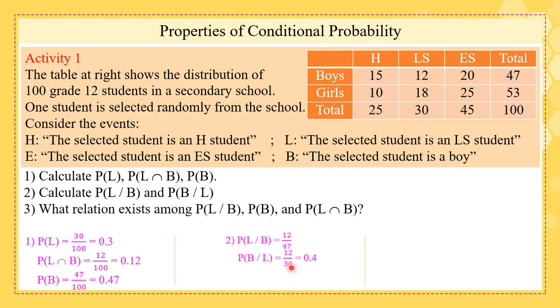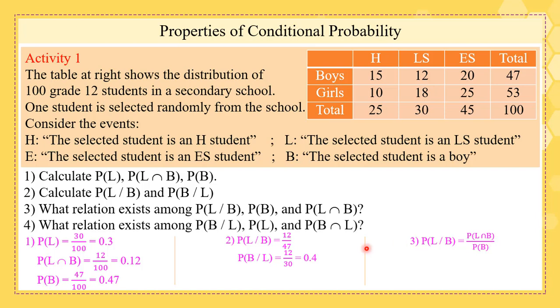Let's continue. Now, what relation exists among P of L given B, P of B, and P of L intersection B? Try to find the relation by looking at the numbers. Well, L given B is 12 over 47, B is 47 over 100, and L intersection B is 12 over 100. So I think it's very easy that P of L given B is P of L intersection B over P of B after we eliminate the hundreds.